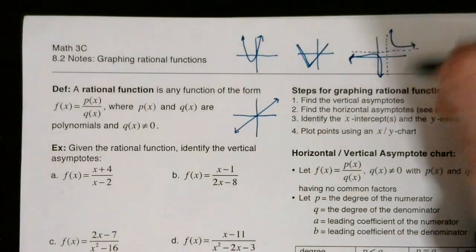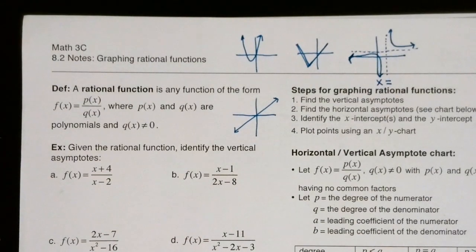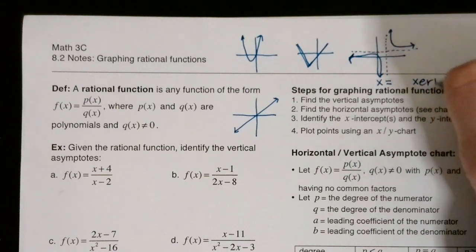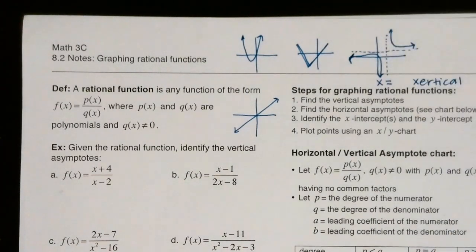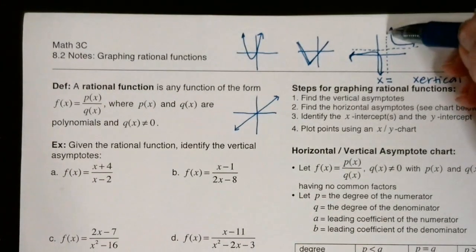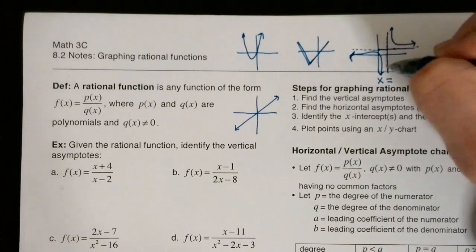So I'm going to tell you guys something. Vertical asymptotes always start with x equals. They're x equals lines. So I say "exertical" instead of vertical because in our world of math, if we see something that's vertical, we think y, because y's are vertical. But if you actually look at this, the x's are all the same on this line.